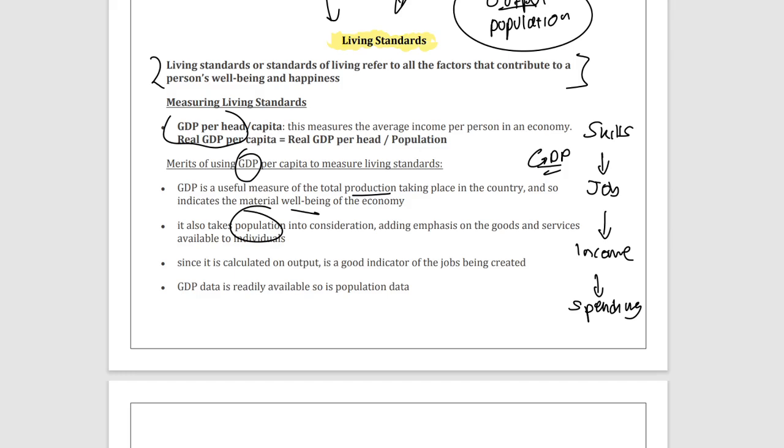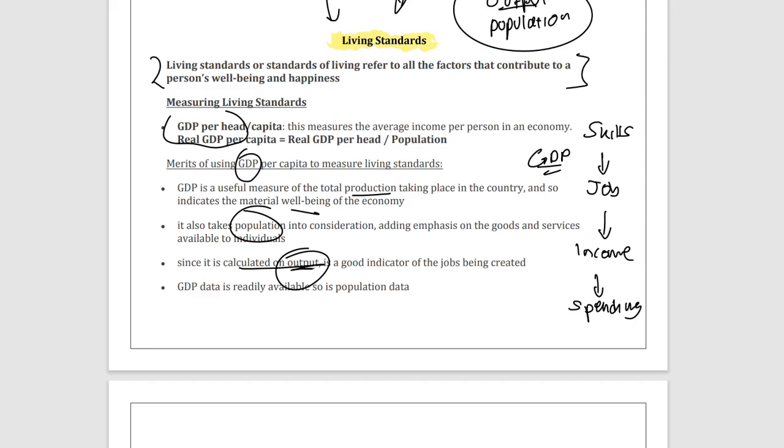The next reason why we use GDP is that it is calculated on output. GDP is output, as I said, and when you calculate with output, it's a very good indicator that jobs are being created. How can you relate output with jobs? Because in order to make a good, you need labor.